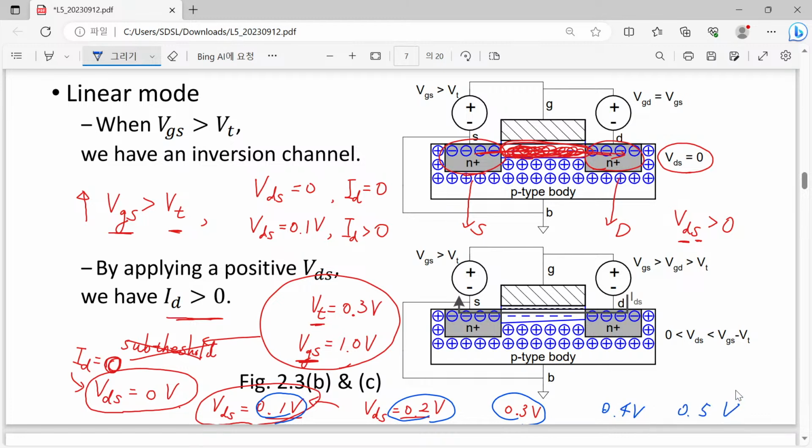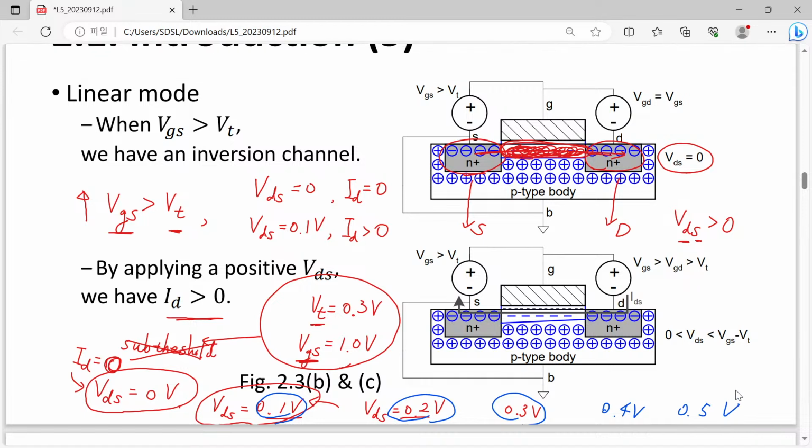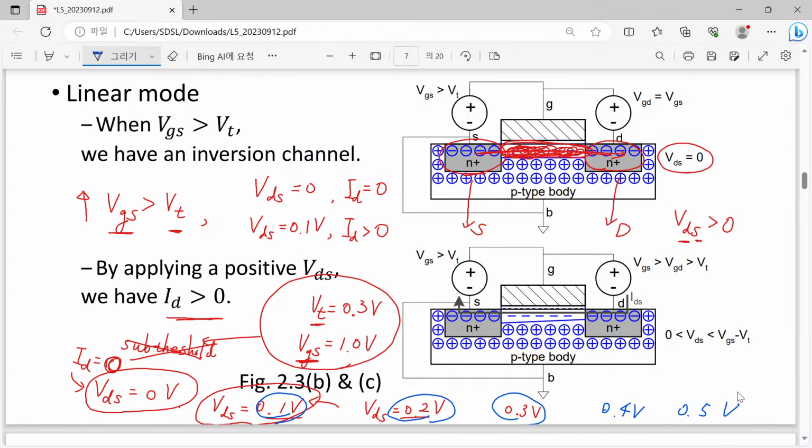You can easily understand that when we increase the drain voltage, we will have more current for this system. Does everybody understand this one? Then let's keep this kind of discussion going. So now we arrive at 1.0 volt.